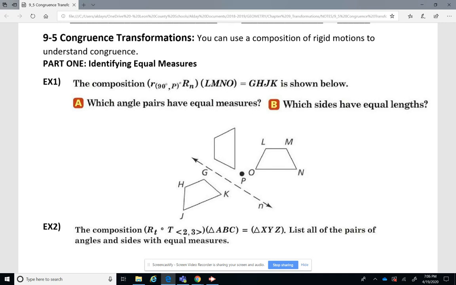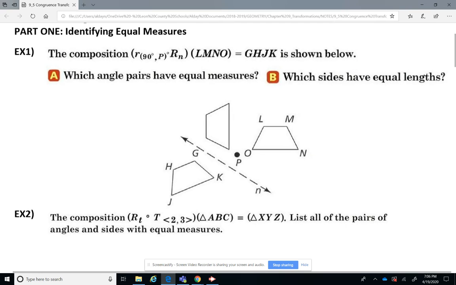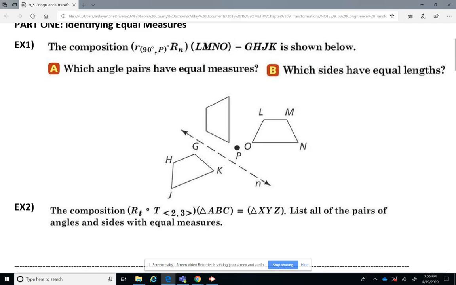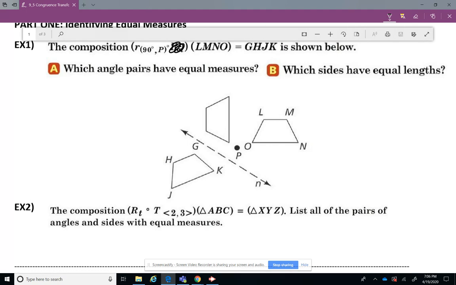If we look at this problem here, identifying equal measures, we have a composition here, and I want to change this composition. So for this one right here, let's take this out and we're going to switch them.